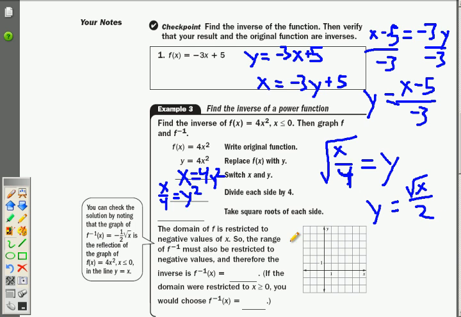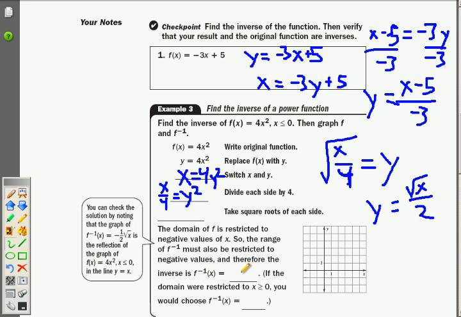The domain of f is restricted to the negative values of x. If you take a look at y, the range of f inverse must also be restricted to the negative values.